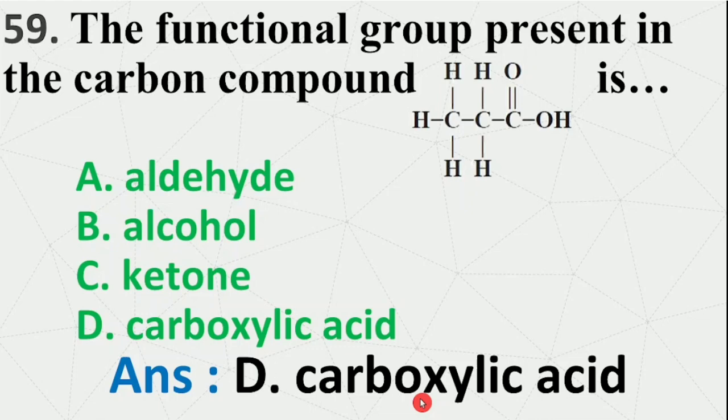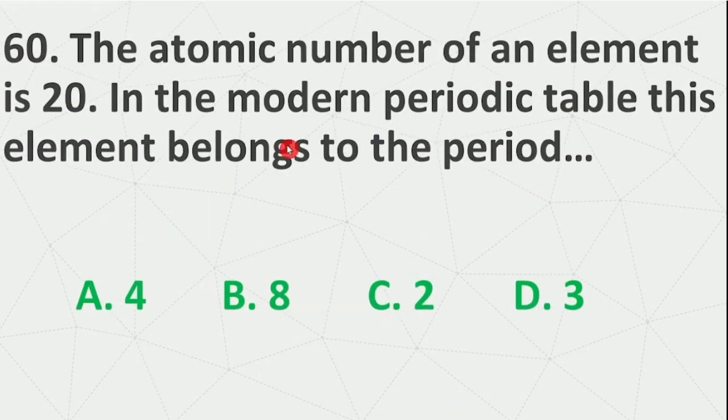60th question. The atomic number of an element is 20. In the modern periodic table, this element belongs to which period: 4, 8, 2 or 3? So how do we find out which period or which group it belongs to? The easy way: they are asking about element 20, so we should write the electronic configuration: 1s2, 2s2, 2p6, 3s2, 3p6, 4s2.